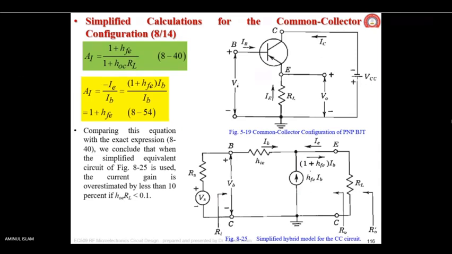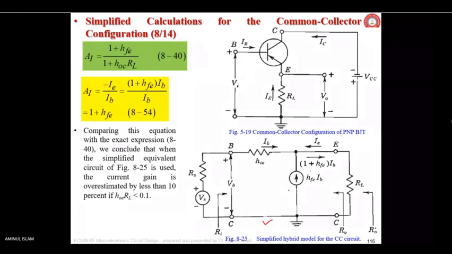The first one is the common collector configuration. Corresponding to this diagram, this is the simplified hybrid model we started in the last class. I didn't say then that it is the approximation model. You see that IB is flowing through HIE, as it was shown there, and your HFE IB is here.